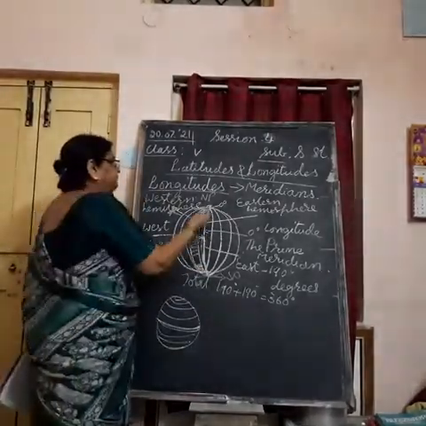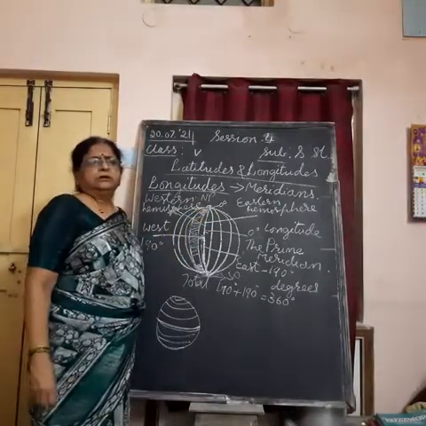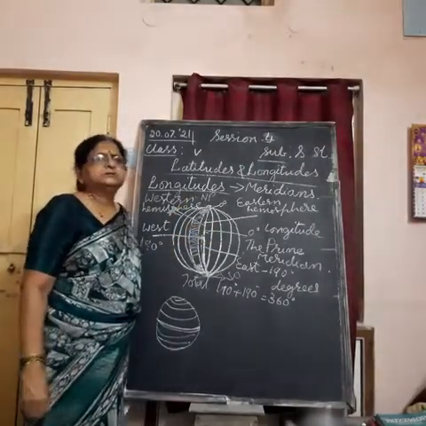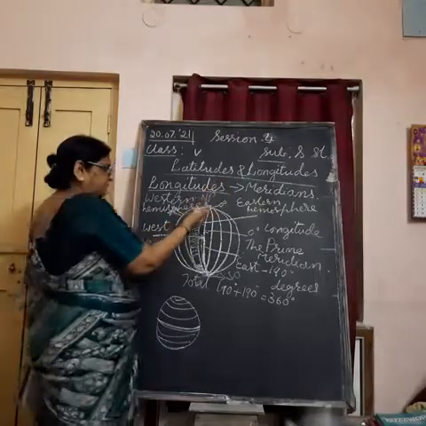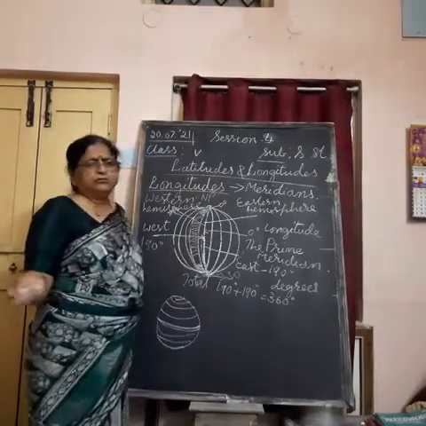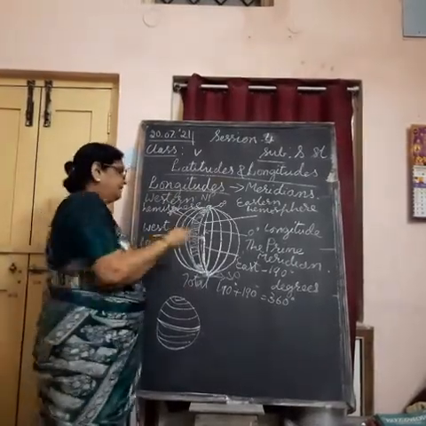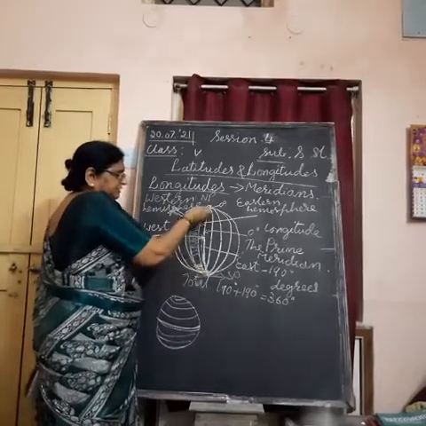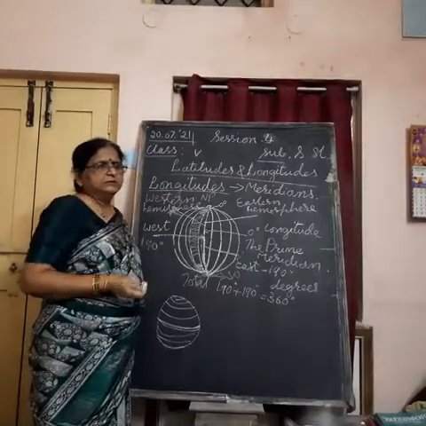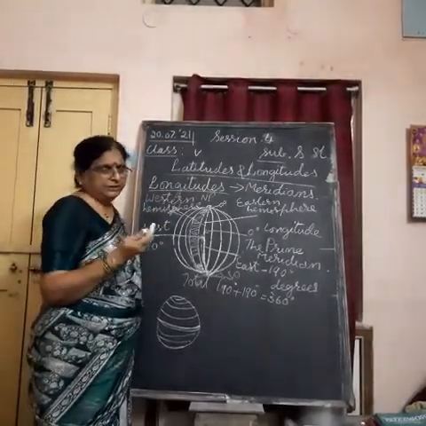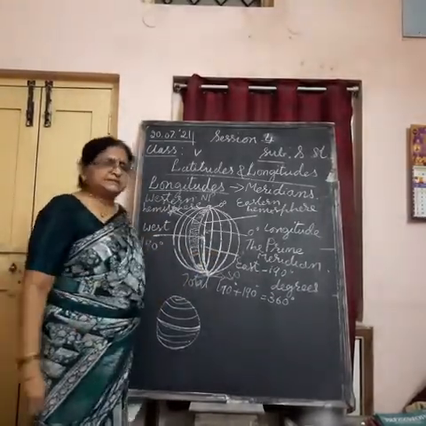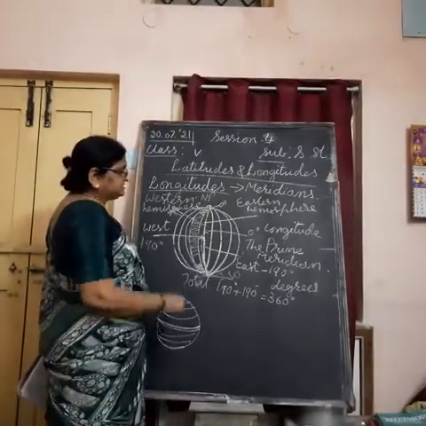Understand? Here the gap between two longitudes increases, becomes broader and broader. Again, when it meets the South Pole, its gap becomes less. Okay, and this is all about this.